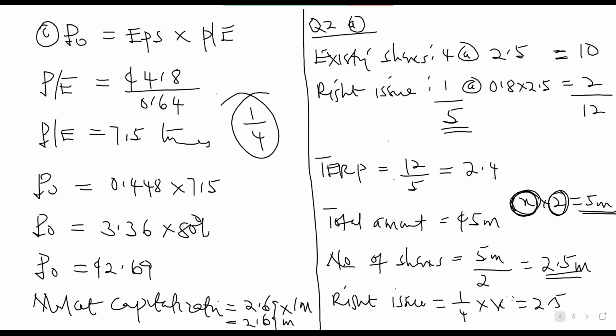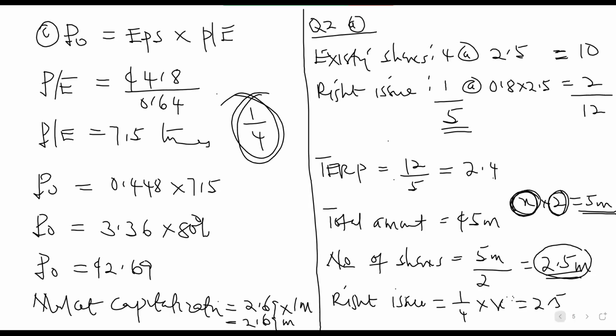What will be the number of existing shares that the company is having? The right issue is giving us 2.5 million, and the proportion is 1 for 4.